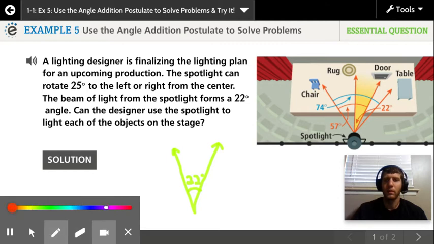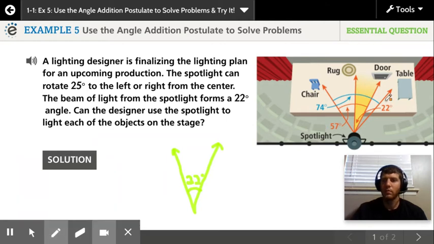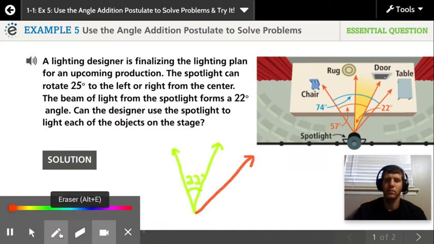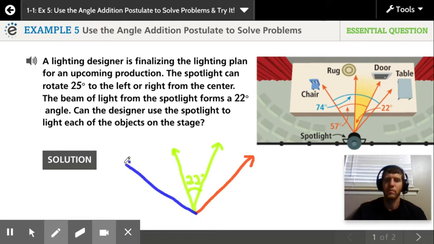Right, we have the table here. So there's a table out here. Okay, and then there is a chair over in this direction. They're letting us know this whole angle, the entire thing here.